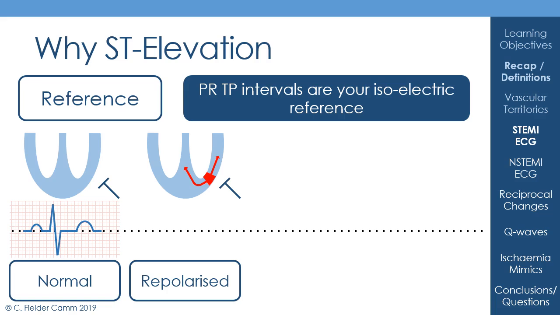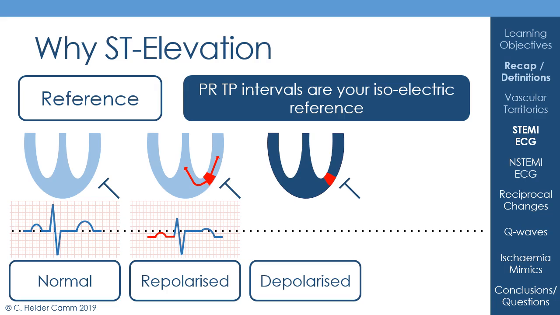And when we're repolarized, just prior to ventricular depolarization, that injury current is moving away from the lead, so it actually just pushes everything down. So you can see here our PR interval and indeed our P wave are pushed further down away from the isoelectric line.